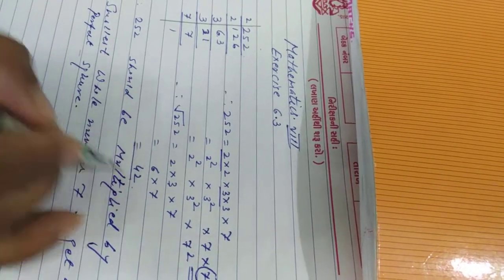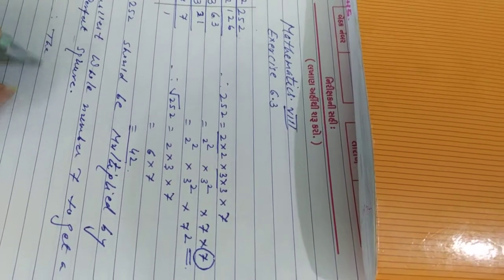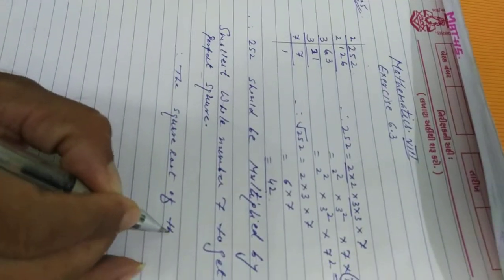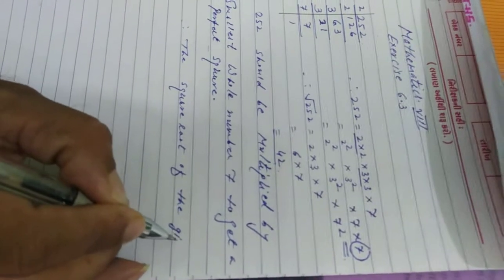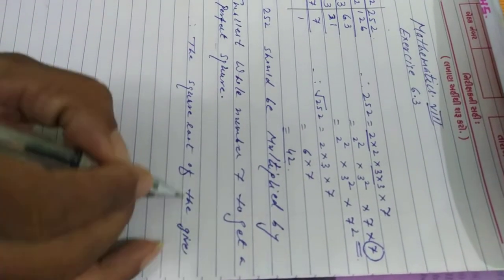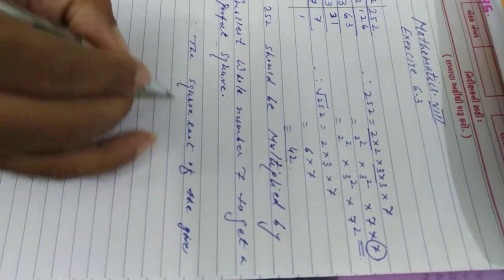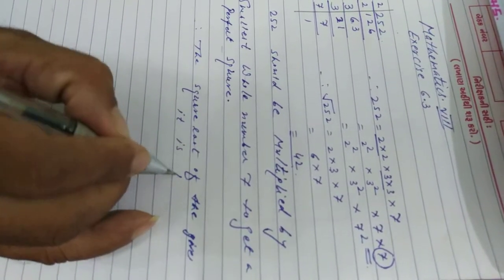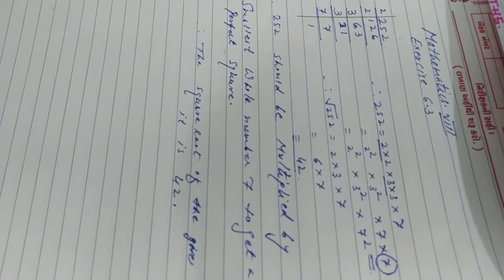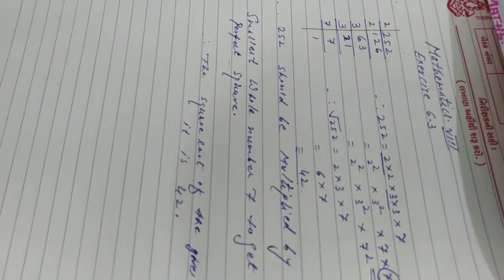Therefore the square root of it is 42. Got it? So all of you understood?